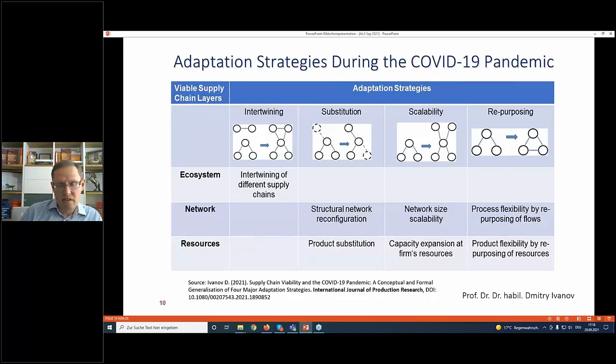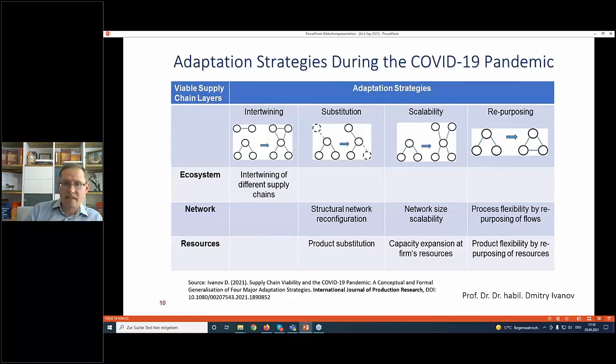The second strategy is substitution, which is related to network structural reconfiguration, or product substitution if we look at the resources. The most prominent example of substitution at the network level is a backup supplier, when we replace one supplier by another one. Or at the resource level, we can substitute one product by another one to survive through the pandemic.